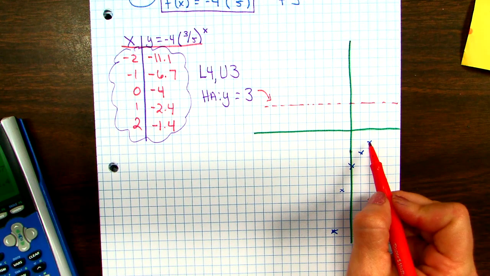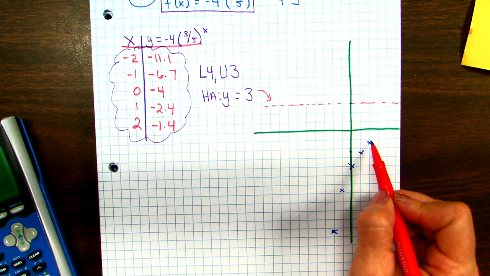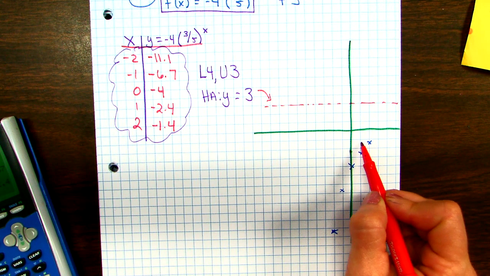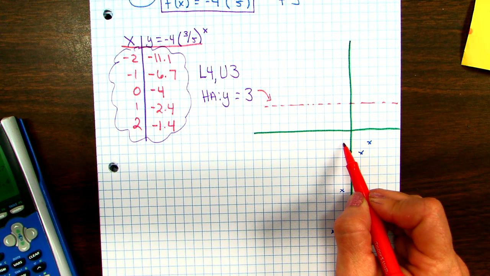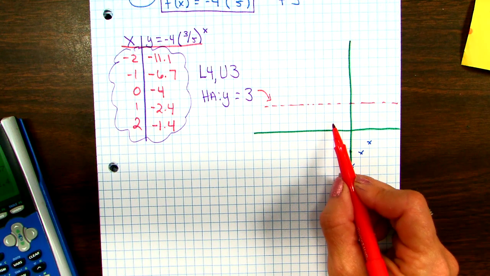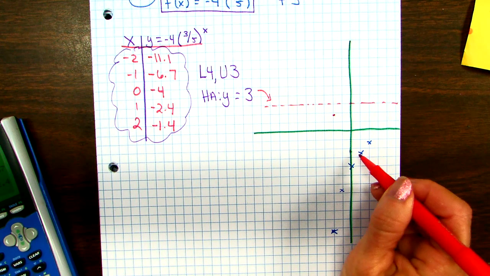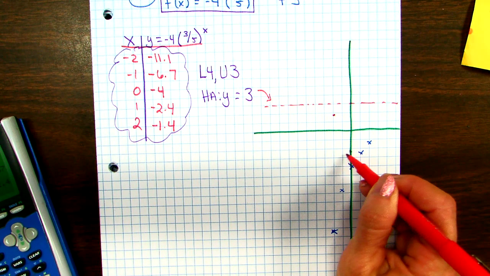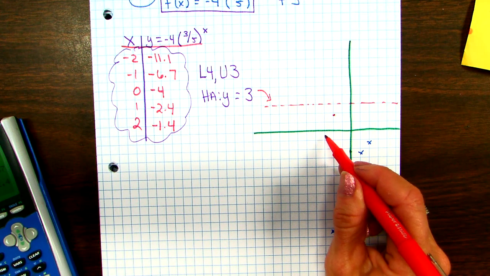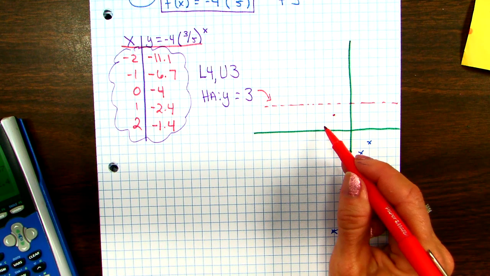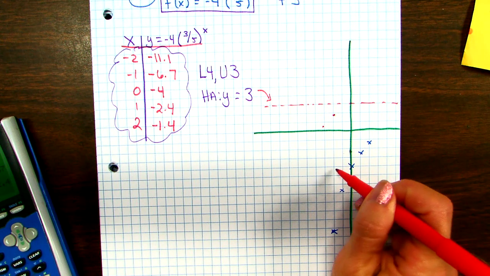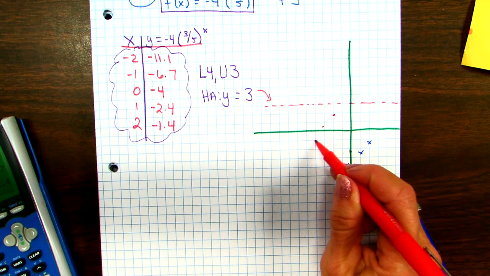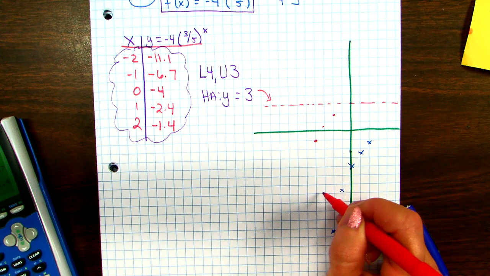So we're going to go left 4, up 3. And it's hard to do with decimals, okay? It doesn't have to be perfect.